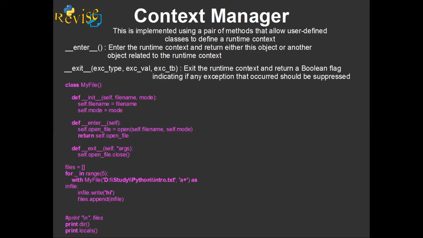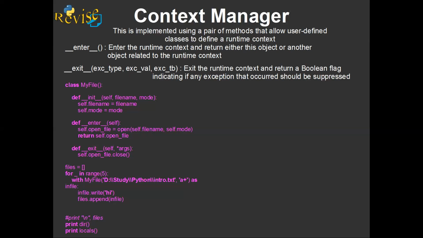It has both overridden methods, enter and exit. The same file example, class MyFile. For range 5, we call with using the MyFile class, passing our intro.txt to MyFile, writing hi into the file and appending the file to a simple list.